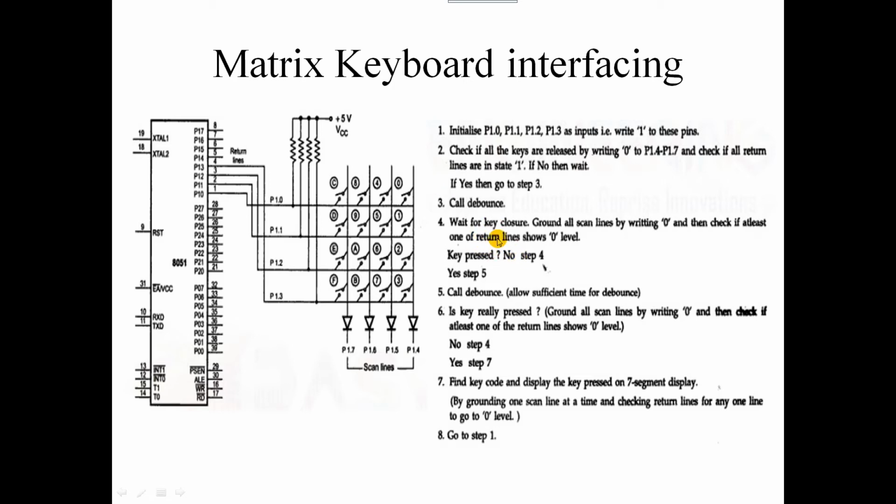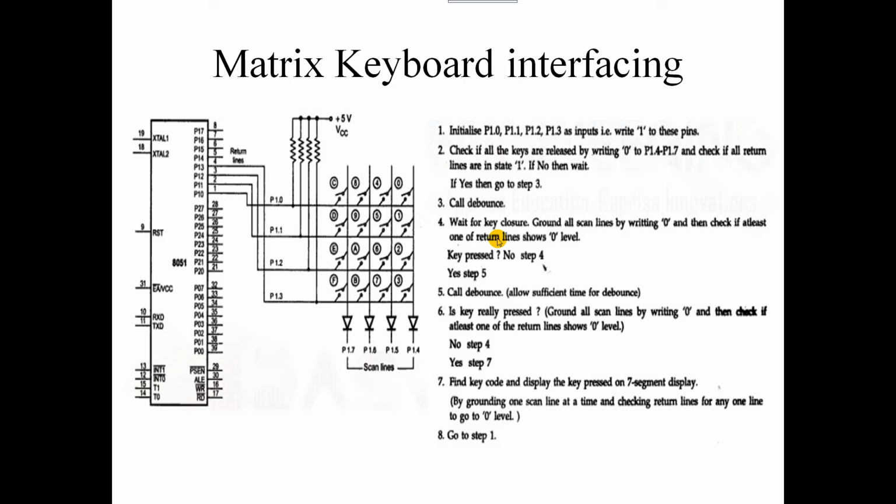After checking the key closure, and after checking the corresponding scan line by writing 0, I am going to check whether the key is pressed or not. If it is no, then step number 4 will be followed. If it is yes, then step number 5 will be followed.